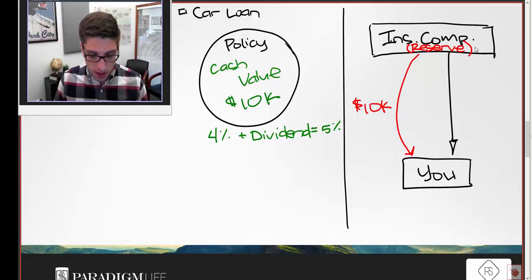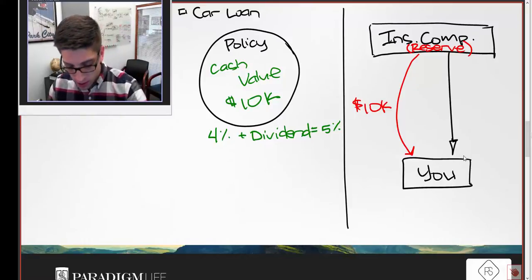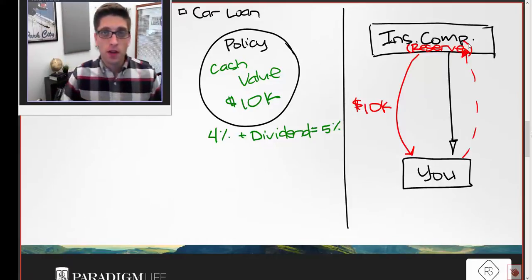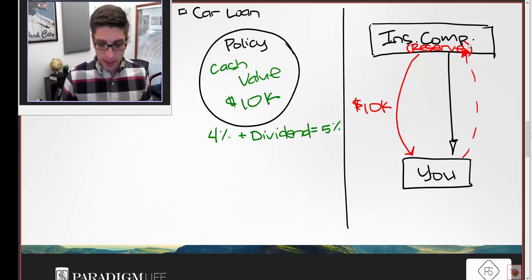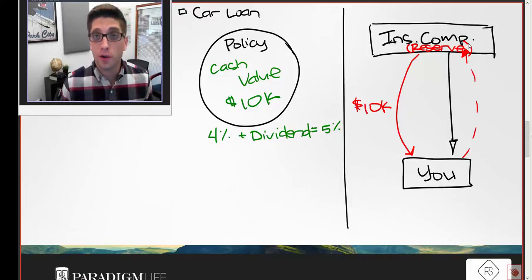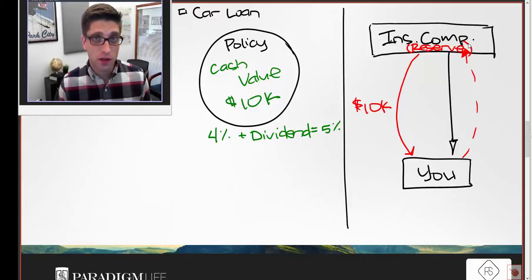But because you're borrowing money from the insurance company, they're going to charge you an interest rate back on that policy loan. They're going to say, because we weren't able to take that $10,000 and go out and invest it ourselves, we're going to charge you interest back on it.